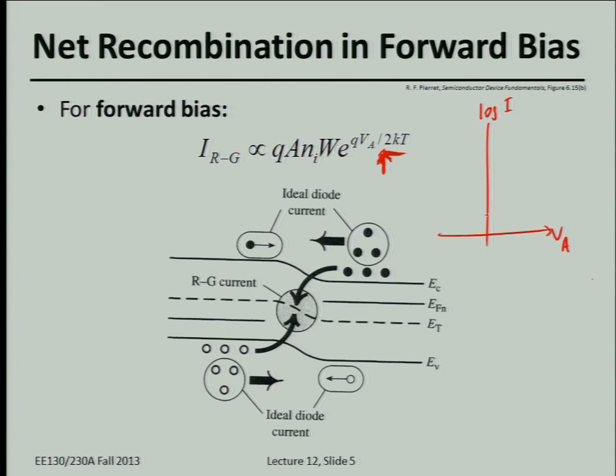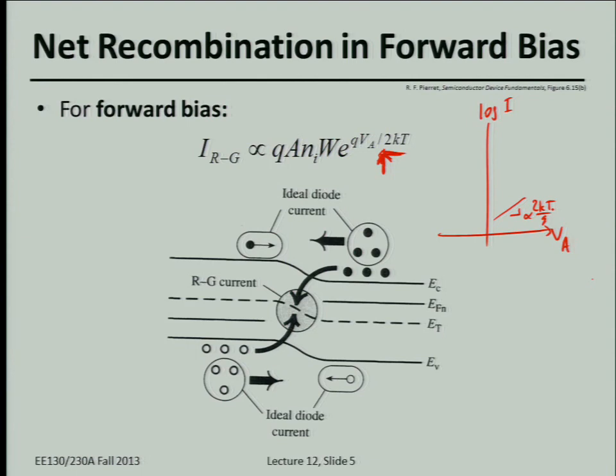At low voltages, the inverse slope will be 2kT over q. Is it 2? Yes, it's 2kT over q. That's right, proportional to 2kT over q.